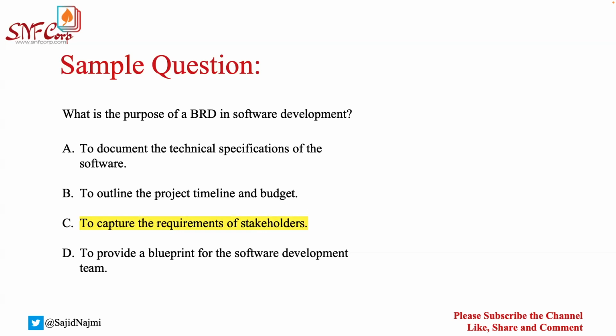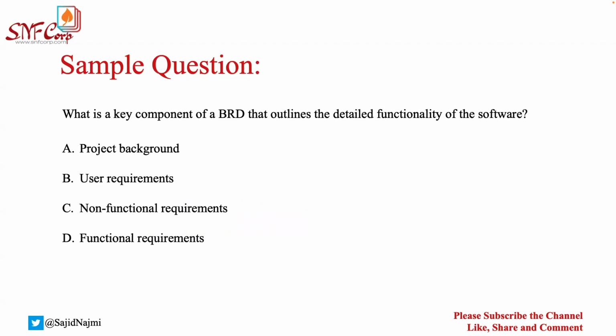And this document may not have all those technical expectations and specifications. As I said, this will be a business language thing. Technical specification might be there, might not, depending on whether your organization has SRS or not. But definitely answer C is correct, to capture the requirement of the stakeholders.